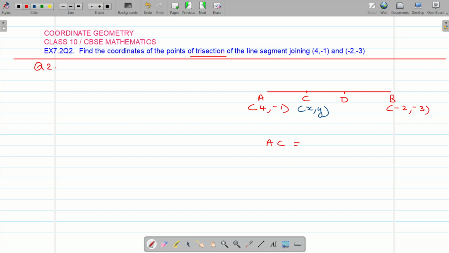Here AC is equal to CD is equal to DB. Trisection of AB, that means the required points be C and D. Let the points C and D divide AB into 3 equal parts.